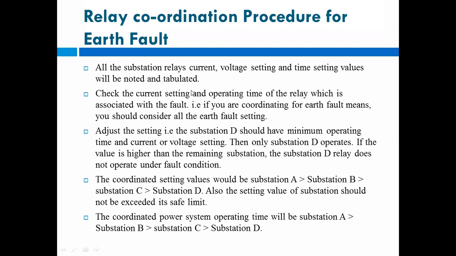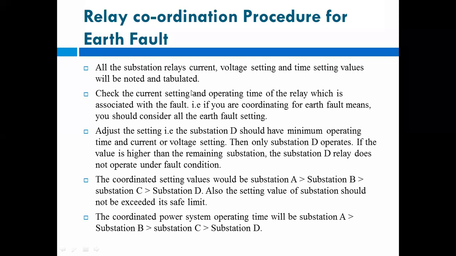Then adjust the setting, that is, substation D should have minimum operating time and current or voltage setting. As we are considering, the longer distance relay should have minimum operating time. So this should be set because substation D is located far away from the generating station.